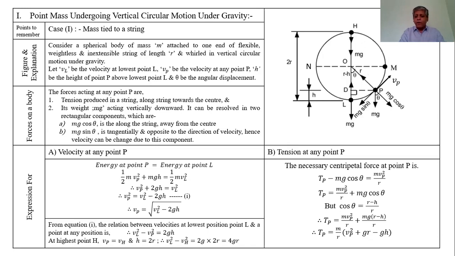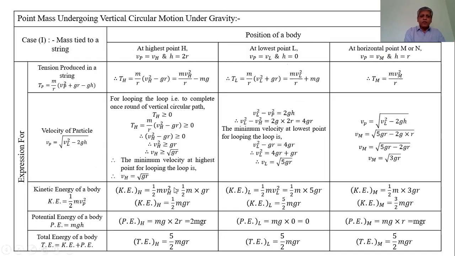How can we find that out? See the next slides. In the next slides, a point mass tied to a string undergoes vertical circular motion under gravity. At that time, we assume there are three different positions.